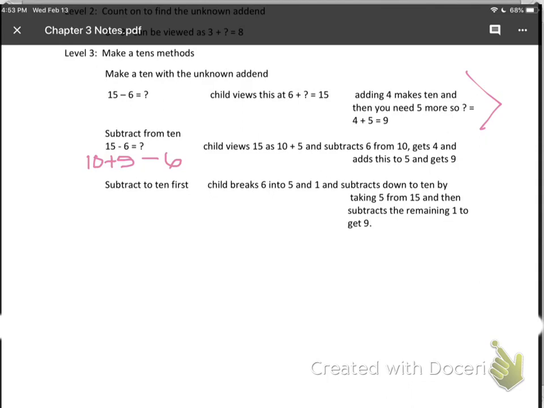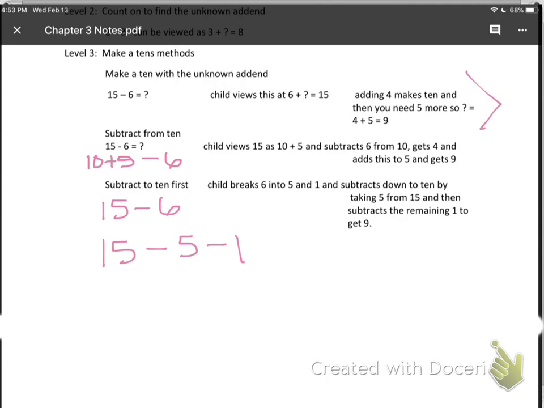So what's another method? Same problem, 15 minus 6. This is also a make a tens method. The child's going to break down the 6 into 5 and 1. So instead of viewing this as 15 minus 6, we're going to view it as 15 minus 5 minus 1.